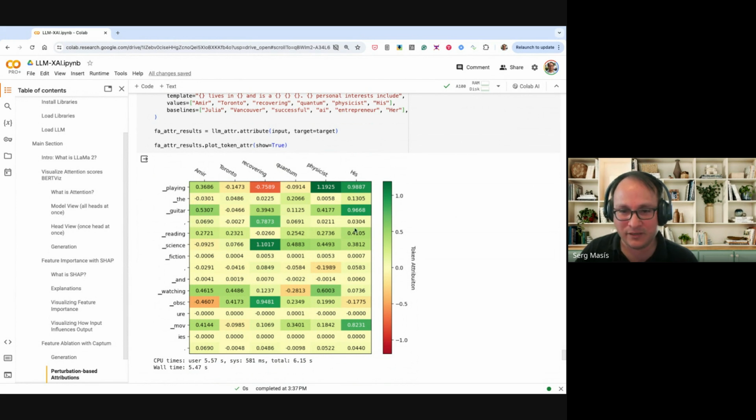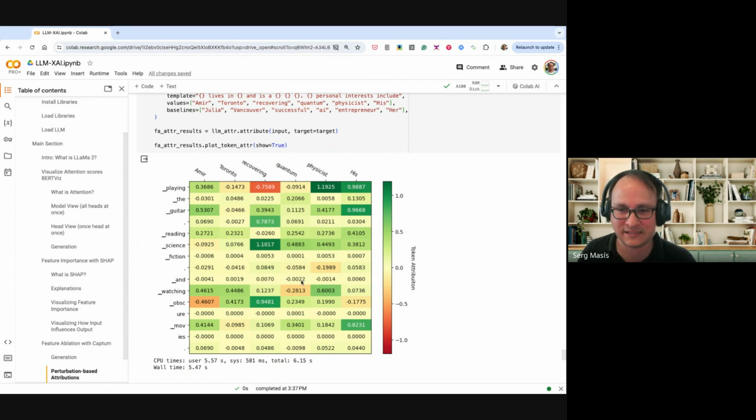And then yeah, we do confirm the gender bias, and it's even worse than we thought, because his is much more attributed to playing the guitar than her, reading and science as well, and movies, and obscure is a little bit in the opposite end, right?